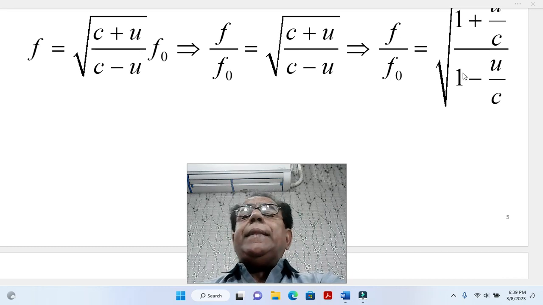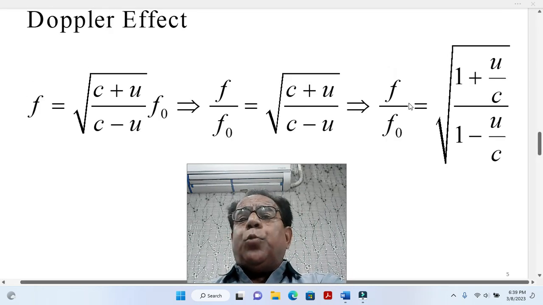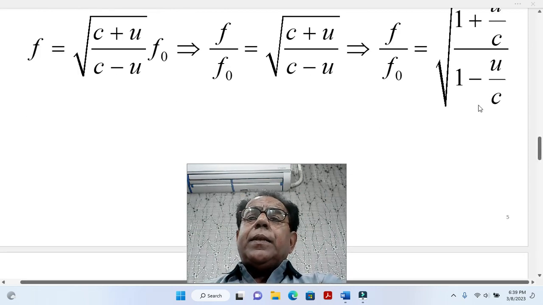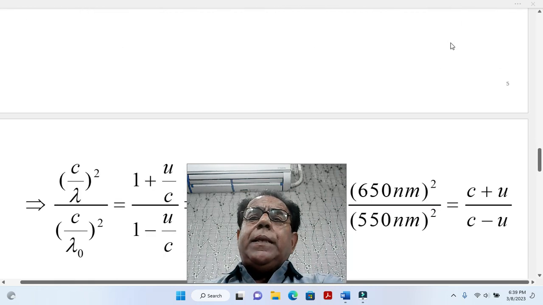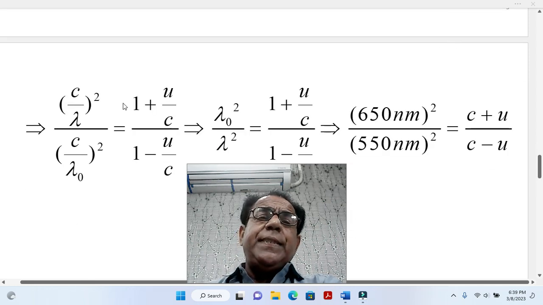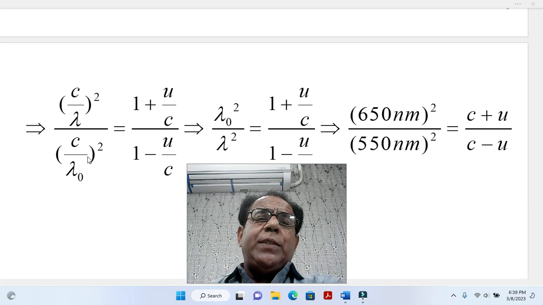Then we have taken the square of both sides. By taking the square of both sides, this under root will disappear. So c over lambda square divided by c over lambda naught square is equal to 1 plus u over c over 1 minus u over c.